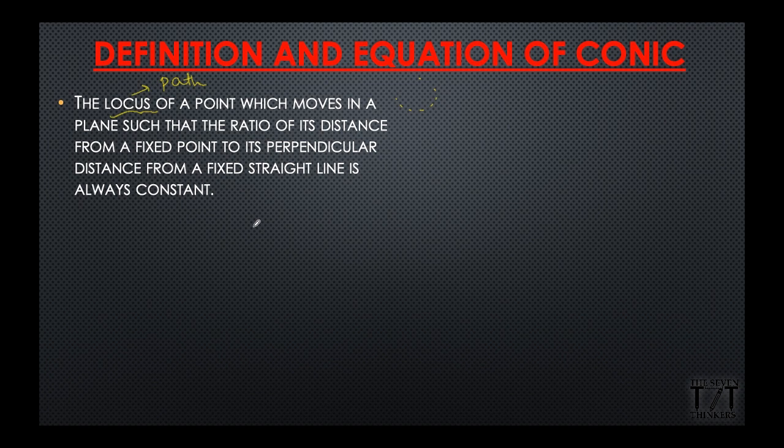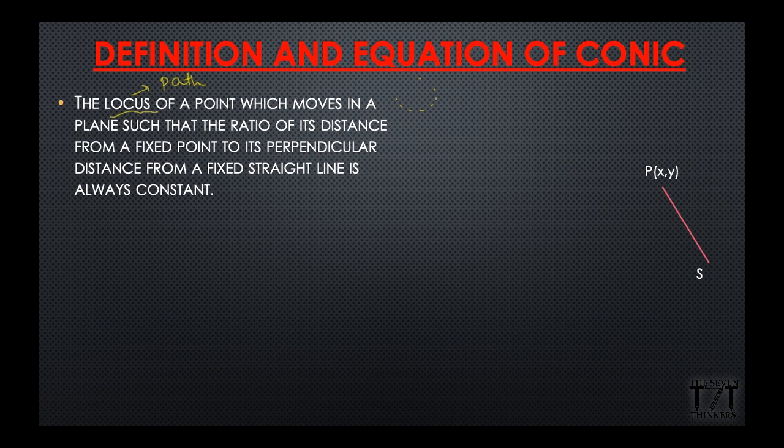So let that point be P of x comma y, as we are taking over here a rectangular coordinate system, such that the ratio of its distance from a fixed point, let the fixed point be S, and let us join that fixed point and the point P with a line, such that the ratio of its distance from a fixed point to its perpendicular distance from a fixed straight line is always constant.